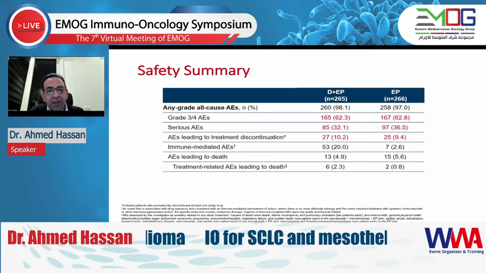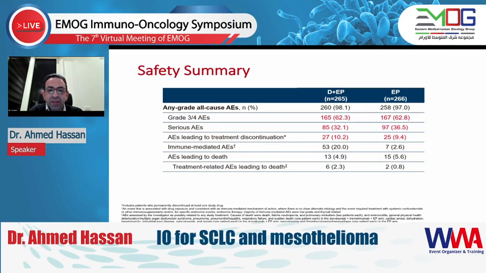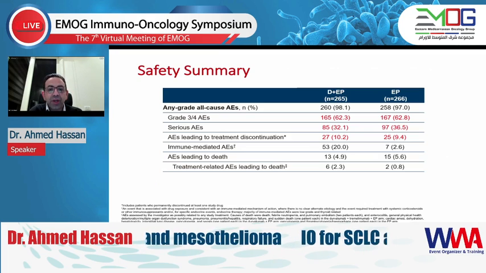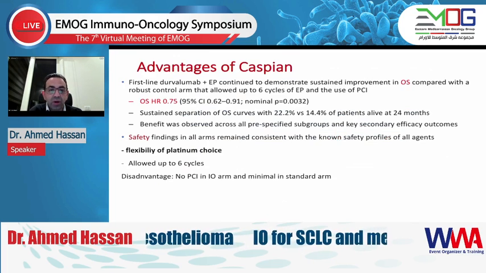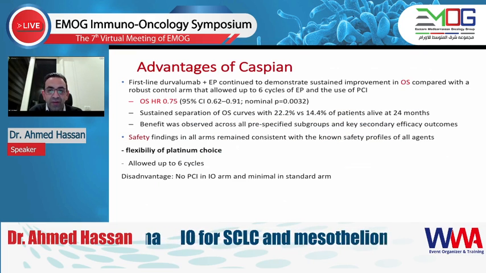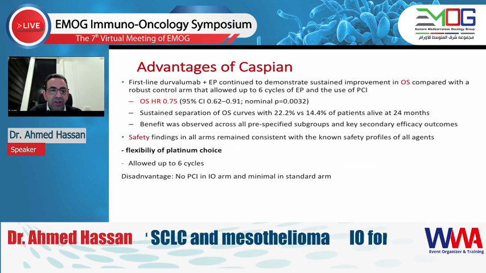As far as side effects are concerned, there wasn't much in the way of toxicity. Safety summary did not bring any signals of concern, and side effects, particularly grade 3 or 4, which are more important, were almost equal in the two study arms. So the advantages of the Caspian study is that it ticked the overall survival, which is the primary endpoint. So there was a clear improvement with a hazard ratio of 0.75.